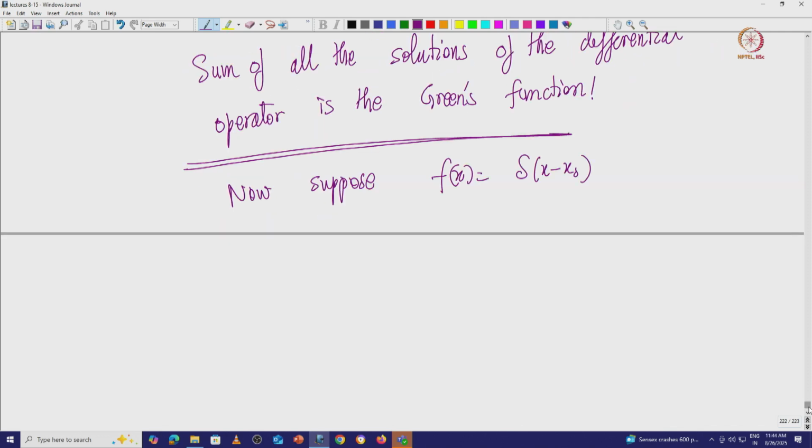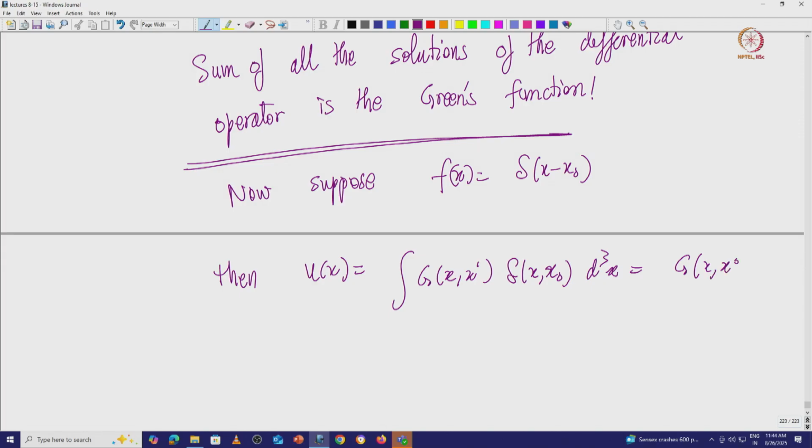Suppose then u of x is equal to integral g of x x prime delta of x x 0 d cube of x, that is equal to g of x x 0.